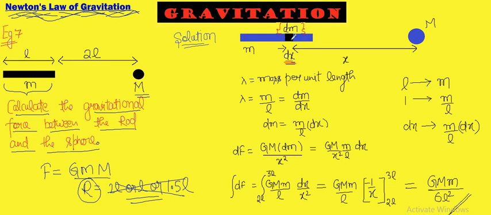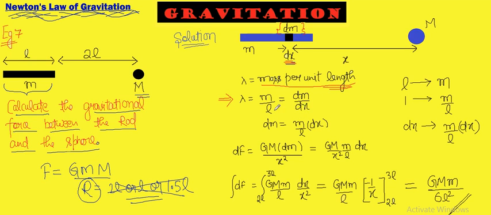Now how do we calculate this mass dm? It is very simple. The mass per unit length of the rod will be constant for the whole rod or for any partial part of the rod. So the linear mass density will either be calculated for the complete rod as m by L, or for the small part as dm by dx.